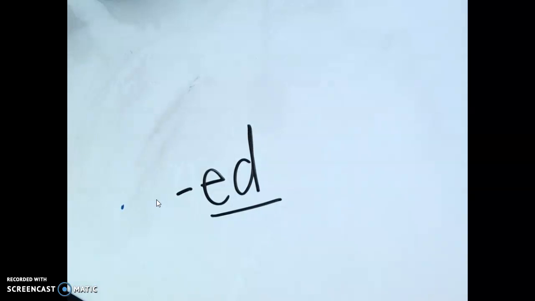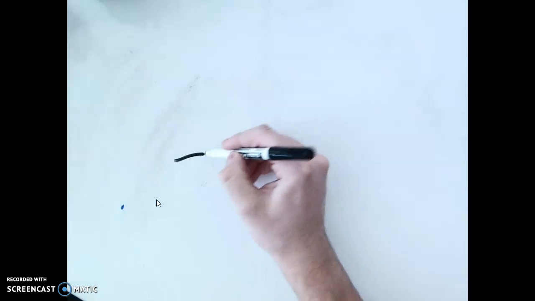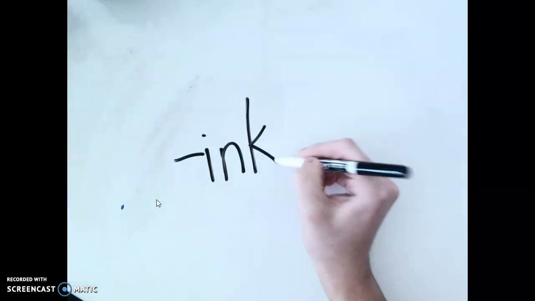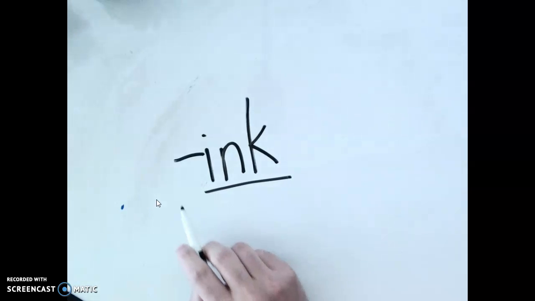E-D makes the id sound, like in the word landed. Id. The next one is ink. I-N-K says ink, like in the word pink.